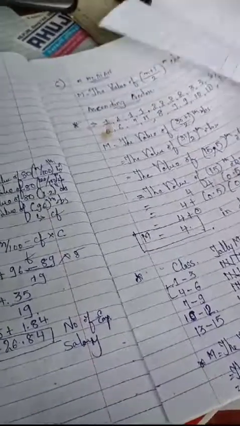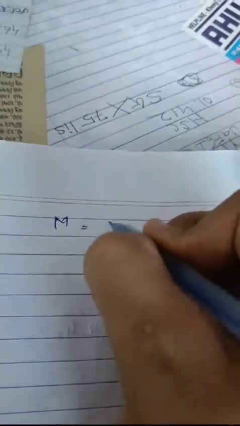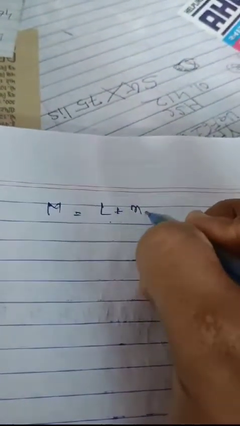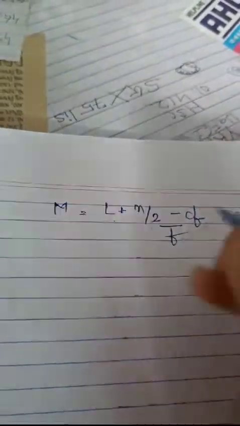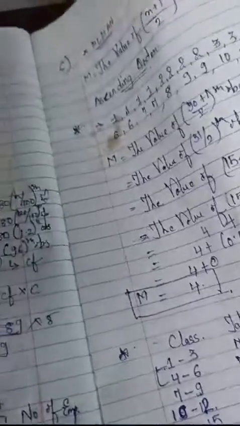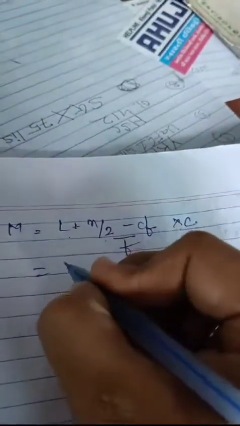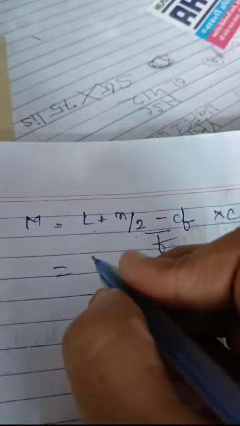The formula will be: m equals L plus n by 2 minus CF upon f into C. So the next class we have selected is this 4. Now see, this is an inclusive class. So here 0.5 will be subtracted from 4 whenever an inclusive class is there.